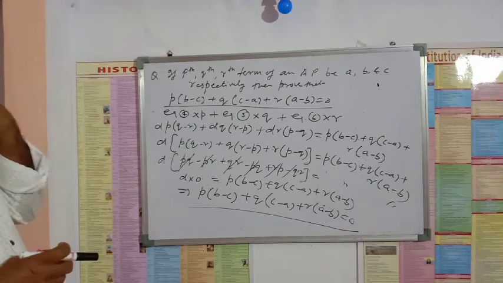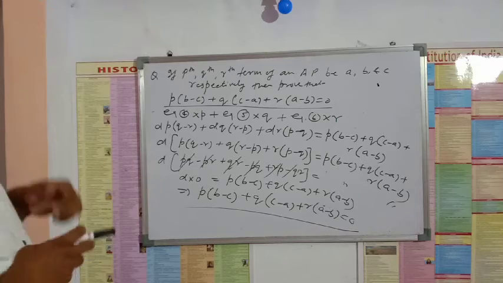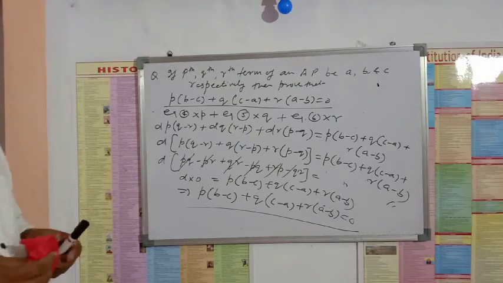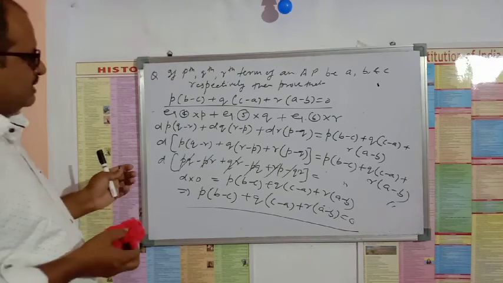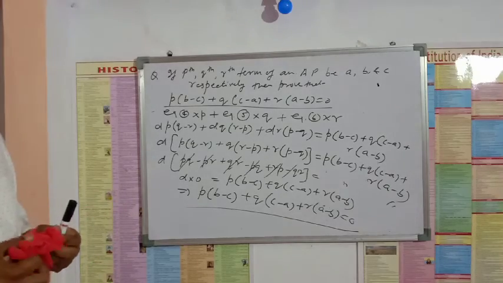Now I will take the last question. If we have to take 3 numbers in AP, how can we take them? If we have to suppose 4 numbers in AP.